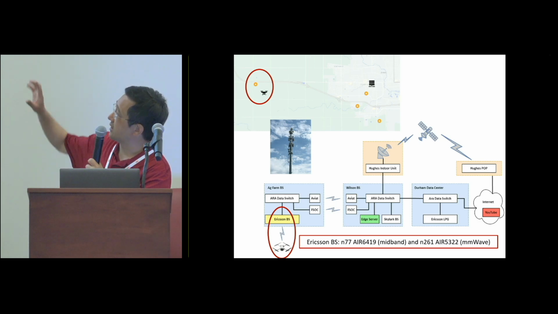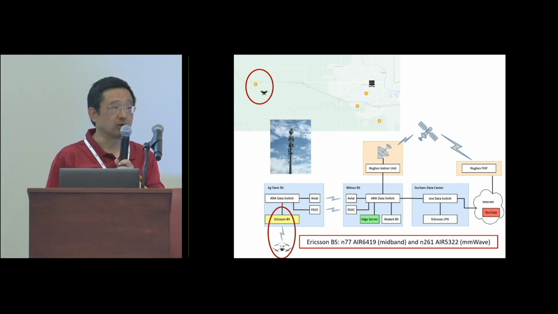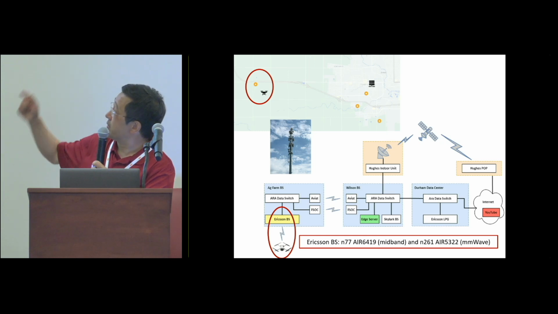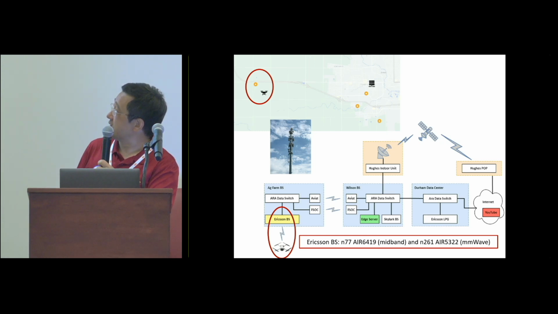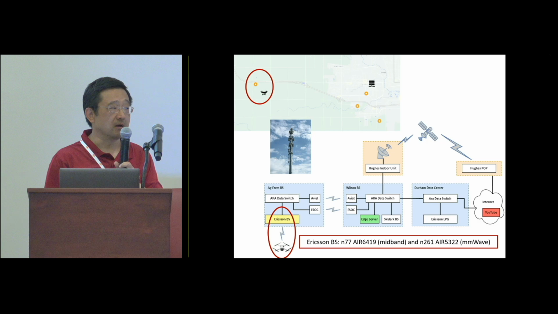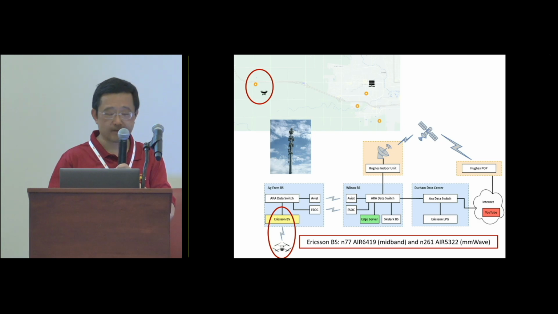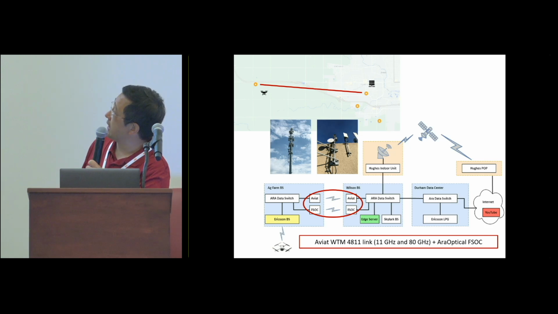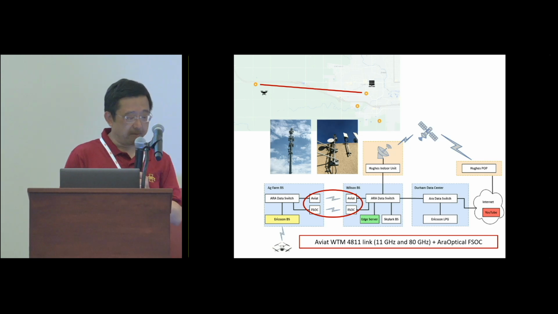That one has all kinds of different antennas and some point-to-point links as well, right? That's the one there. We're going to use the Ericsson base station, right? We have both mid-band and millimeter wave band support, okay? Then from that, we're going through this Era Hall link to reach the Wilson Hall base station, right?